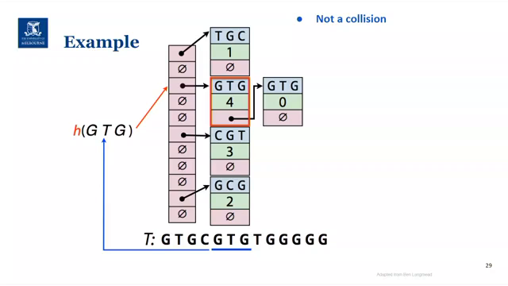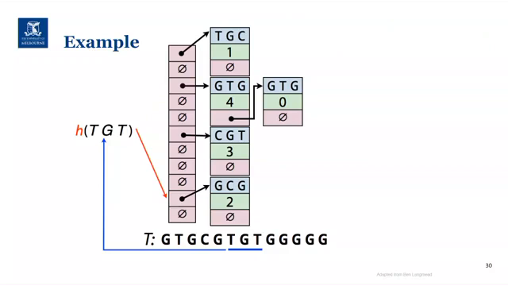So this is not actually a collision, because it's just the same k-mer appearing 2 times, the GTG here and GTG here. But let's keep track of where they appear in the sequence for the sake of applying it for high throughput sequence alignments. So we just add it to the linked list and say, it's the same one, it's not a collision, but it appears then on position 0 and position 4.